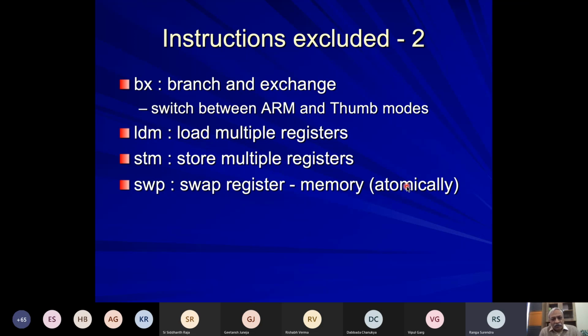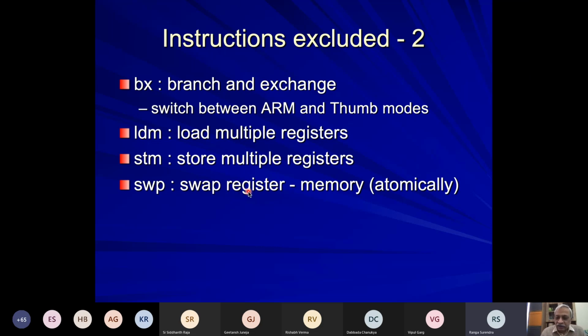Atomicity means that either the whole thing is done, that is both-way data transfer happens successfully, or nothing is done. So it cannot happen that you have moved data one way, but then something happens, control gets transferred to maybe another processor and so on. So from a multiprocessing point of view, this instruction is important.